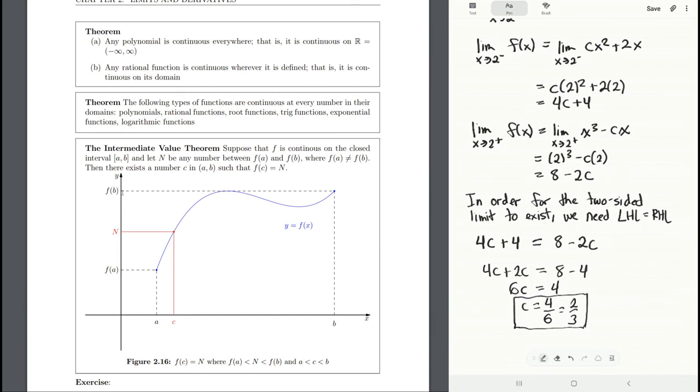So for every value in between f of a and f of b, there has to be some value c that's between a and b, such that the function f will take on the value of n. So the function has to attain every value between f of a and f of b, and moreover, it has to attain the value within the interval from a to b.